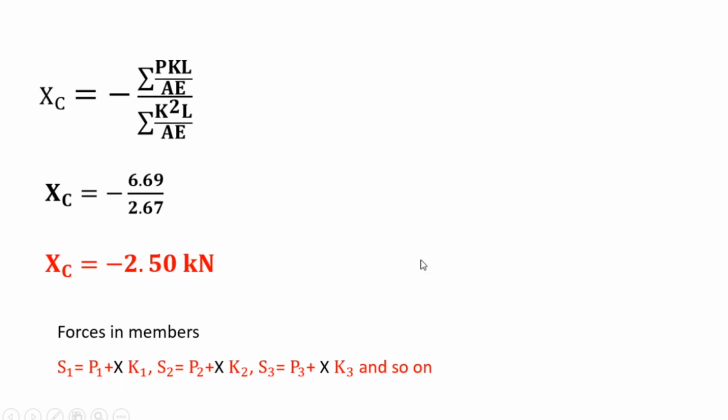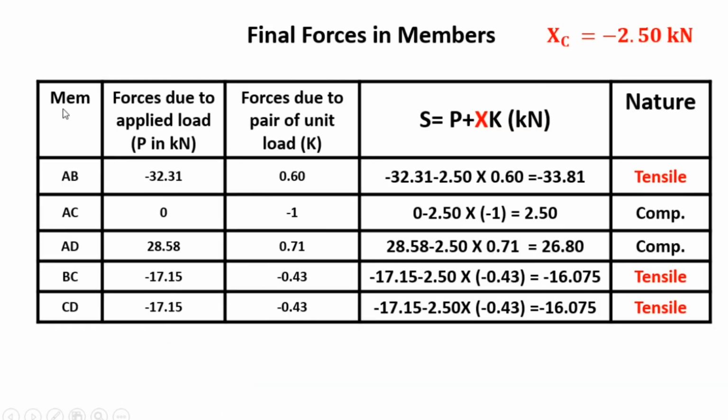Here we are preparing one table like this. The first column is the members, the second column is, as before, the member forces due to applied load P, and the third column is the member forces due to the applied unit load K, and the formula is S is equal to P plus X into K. Here we got X equal to minus 2.50.